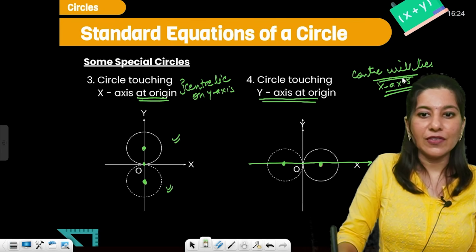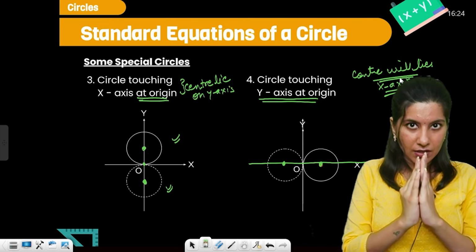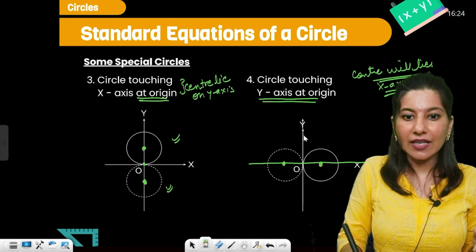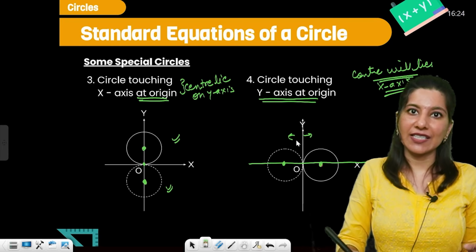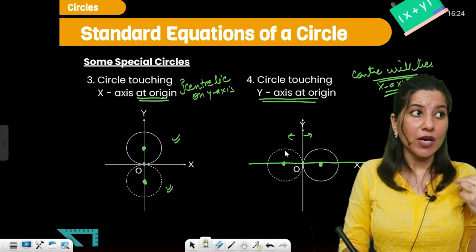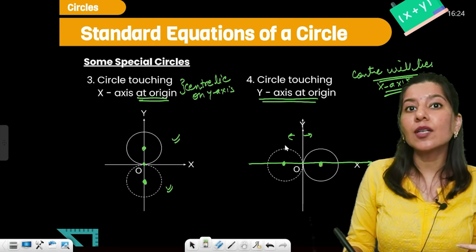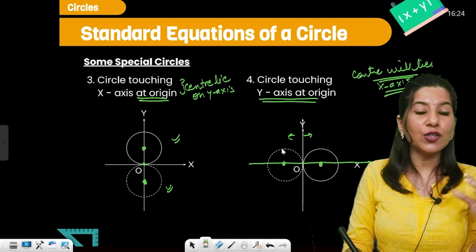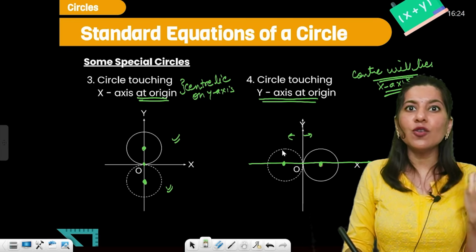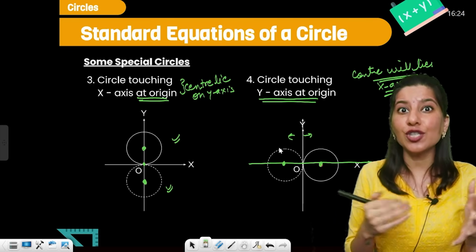Okay. And obviously the circle can either lie on the right hand side of y or the left hand side of y. Okay. So you have to imagine like that. Is there any other possibility? Because if you do not do that, you might miss cases and you might miss solutions.